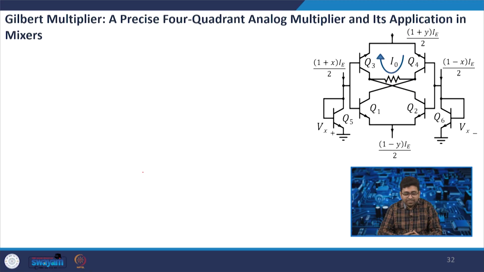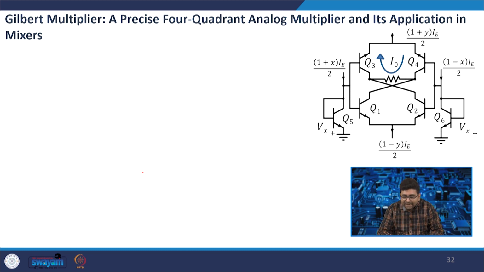So this is a Gilbert multiplier. It is also used as a multiplier, and you can also name it a mixer. It is a precise 4-quadrant analog multiplier, and it has application in a mixer, so we can use it as both a multiplier as well as a mixer.